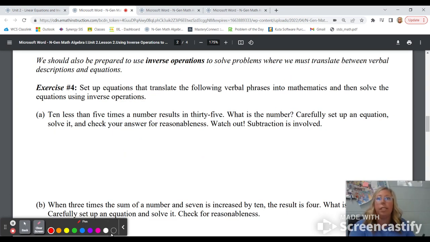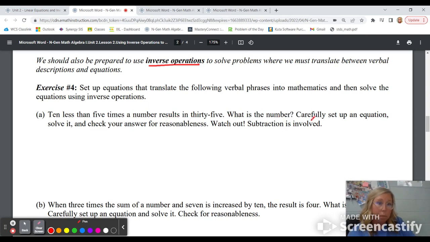All right, exercise 4 says we should also be prepared to use inverse operations to solve problems where we must translate from verbal descriptions to equations. We ended unit 1 with translating verbal descriptions into algebraic expressions, so let's pick back up on that here. We have: 10 less than 5 times a number results in 35.